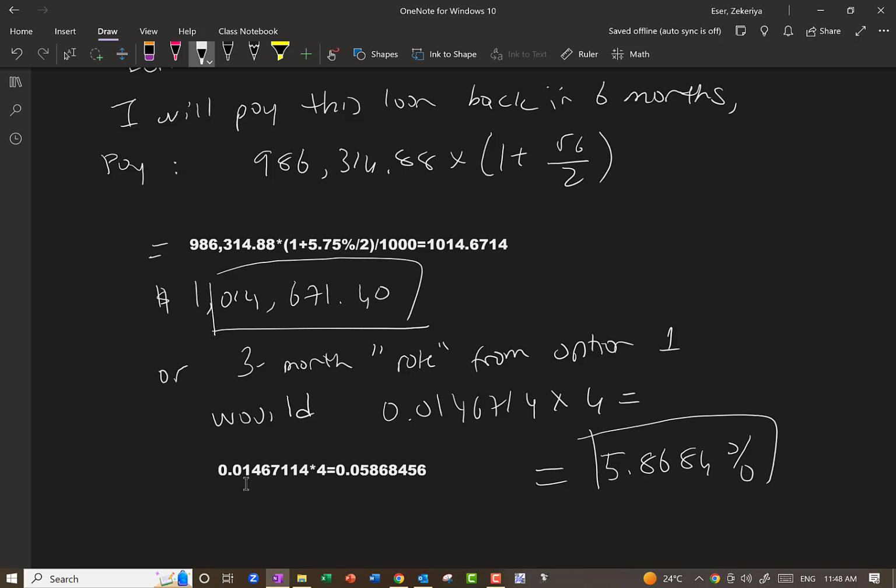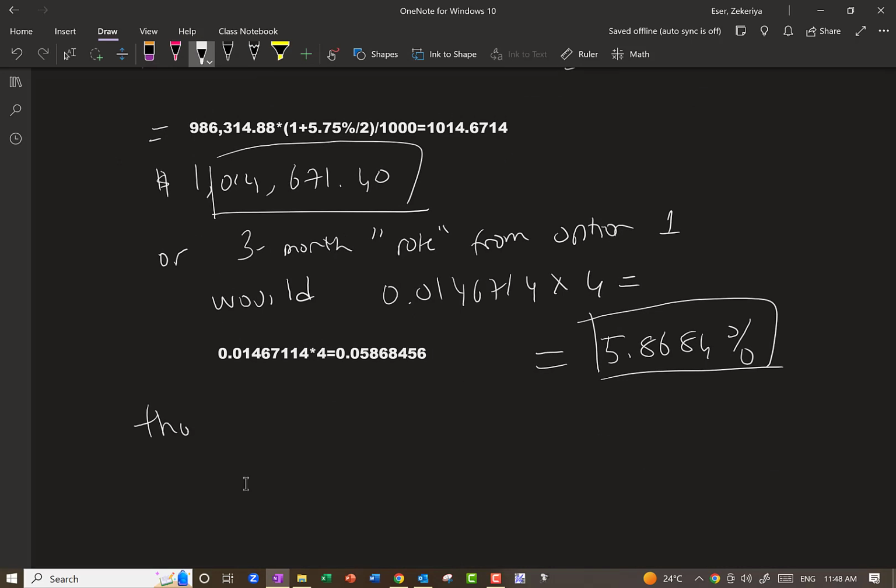That means option 3 should cost the same amount. If it doesn't, there is arbitrage to be made.